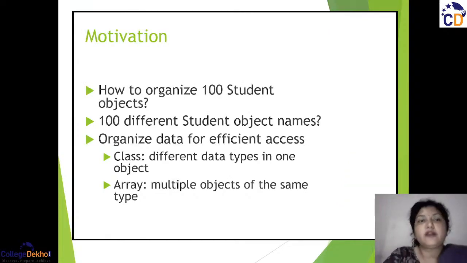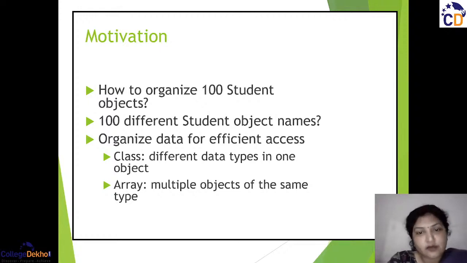First of all, what is the motivation behind arrays? Why are we using arrays? Suppose how are you going to organize 100 student objects, right? Suppose you have the marks of 100 students.